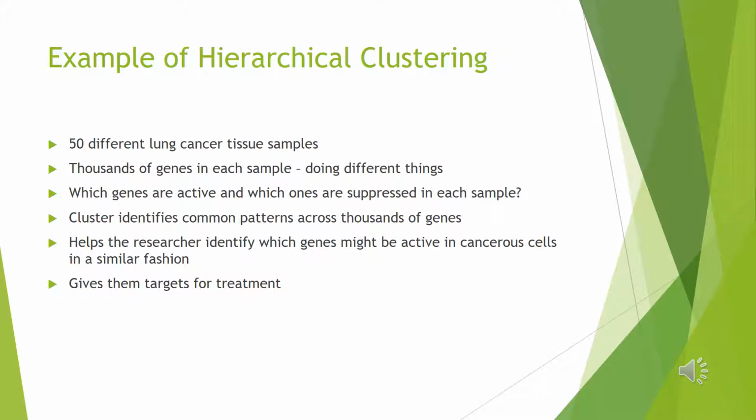Let's use an example from my previous life when I worked in biotech. We used to look at examples where we would pull in multiple different lung tissue samples. Some were various different kinds of cancer, and then there was one sample that was a control that had no cancer in it at all.